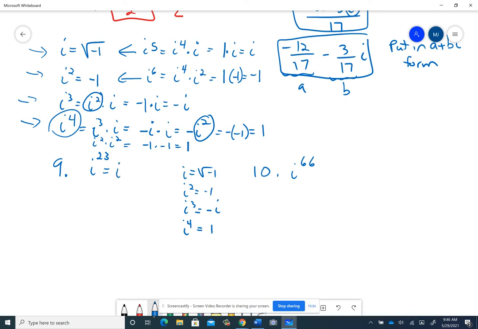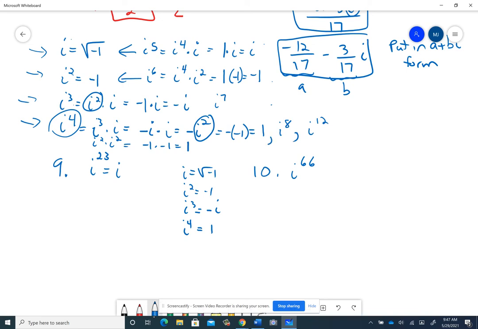Okay, let me say one more thing. So if I kept up this pattern, see how this would be to the first, to the second, to the third, to the fourth, to the fifth, to the sixth. i to the seventh should fall here. i to the eighth should fall there. Then I would start again. This would be i to the ninth, i to the 10th, i to the 11th. This would be i to the 12th, would fall here.